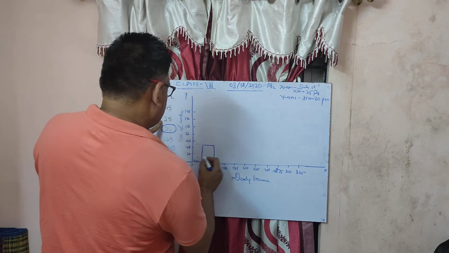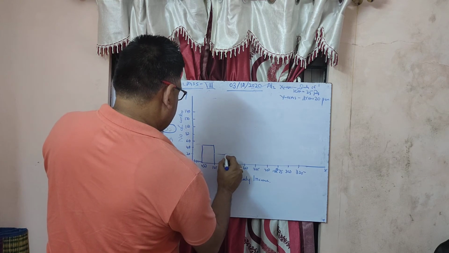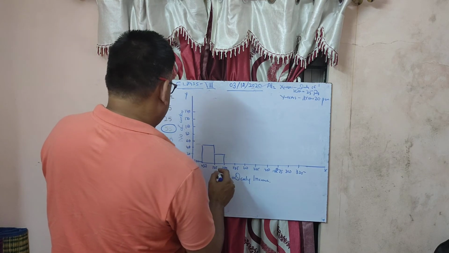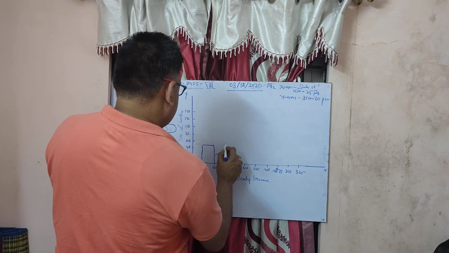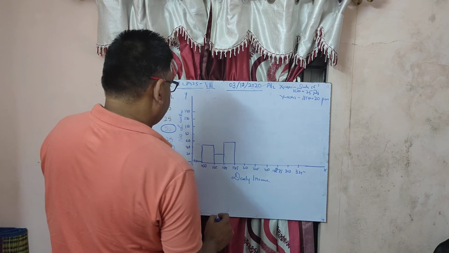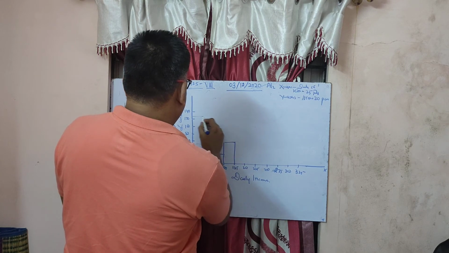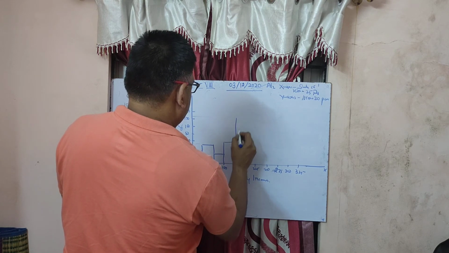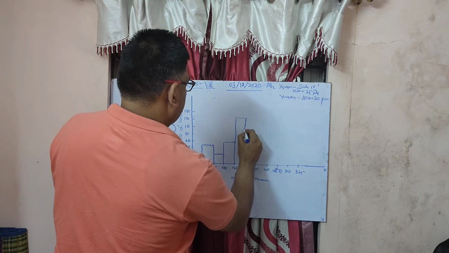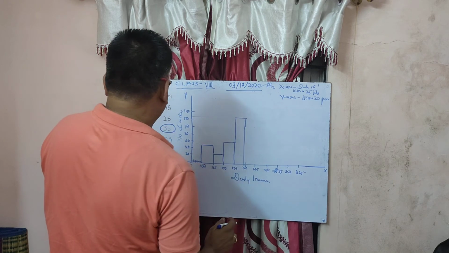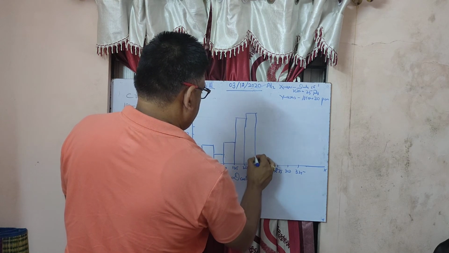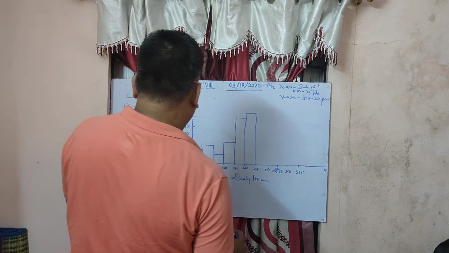Next one is 125, that is 25. Where is it here? Next 55. Always use a scale whenever you draw geometrical figures. Next one will be 140. Next one will be 55.